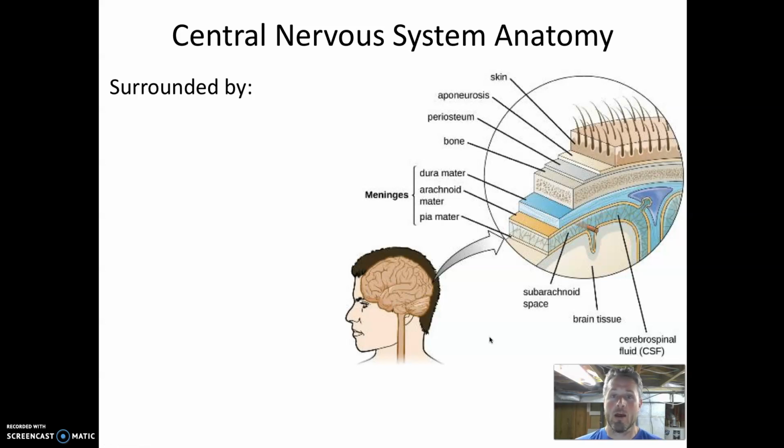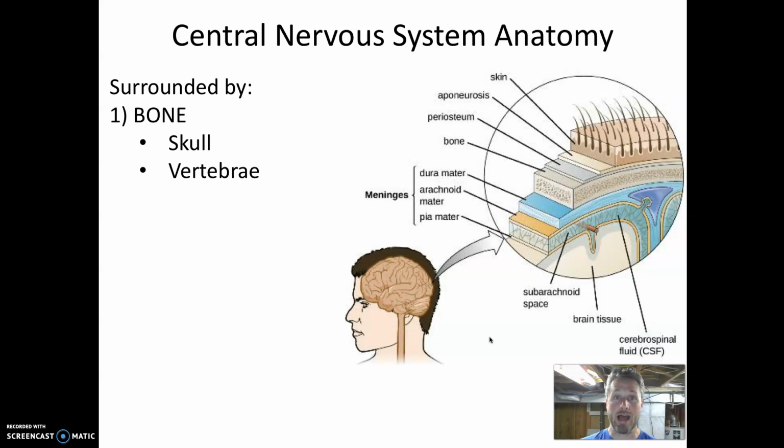So the structures we want to be aware of are the things that surround the central nervous system. So the central nervous system is completely surrounded by bone. Now the type of bone, or the exact bone structure, differs depending on the part of the central nervous system. The brain is surrounded by the skull, whereas the spinal cord is surrounded by our vertebrae.